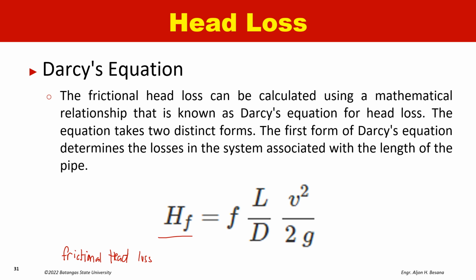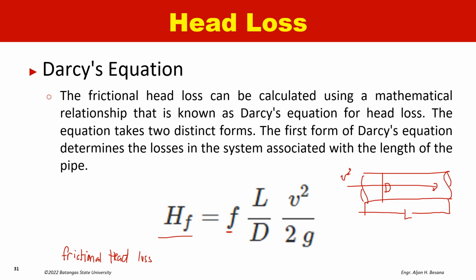We have the formula of the friction factor f, which is sometimes given, sometimes obtained by the Moody chart, multiplied by the length of the pipe, divided by the diameter of the pipe, multiplied by the velocity of the fluid squared over 2 times the gravitational acceleration, or simply our velocity head, v squared over 2g.